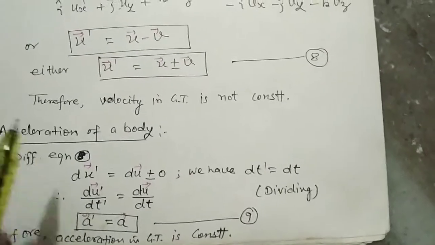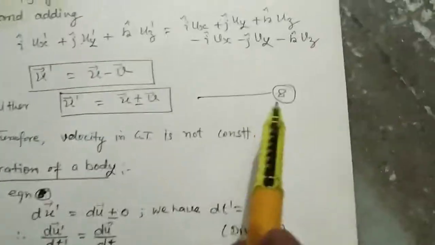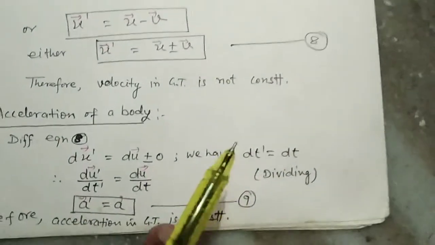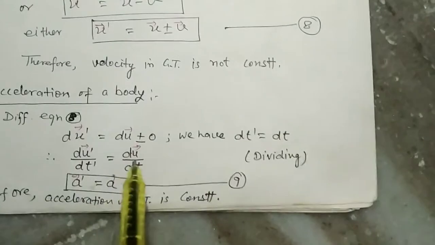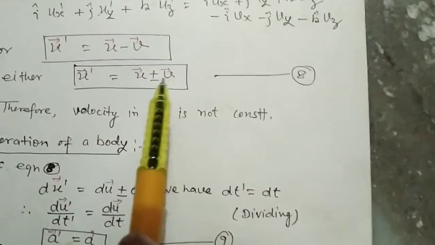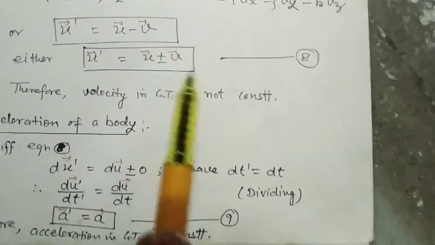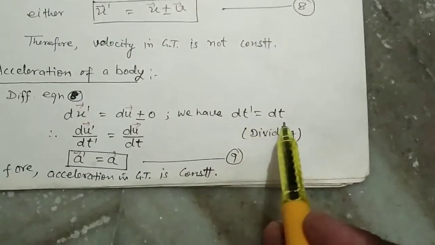Now the next consequence is acceleration of a body. This is equation number 8. Differentiating this equation, du dash vector is equal to du vector minus 0. 0 means the differential of constant uniform velocity v is equal to 0. And we have dt dash is equal to dt.